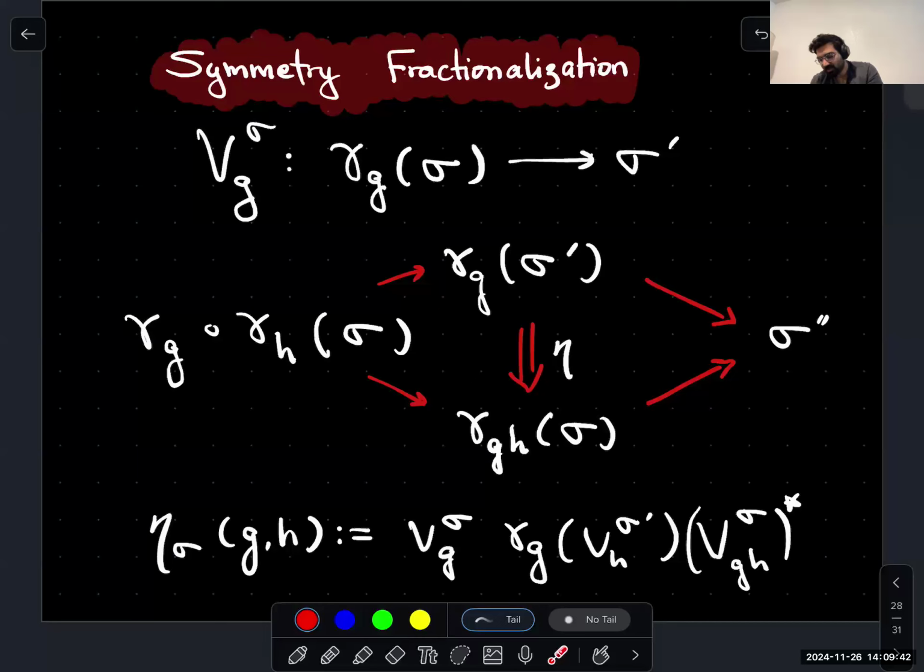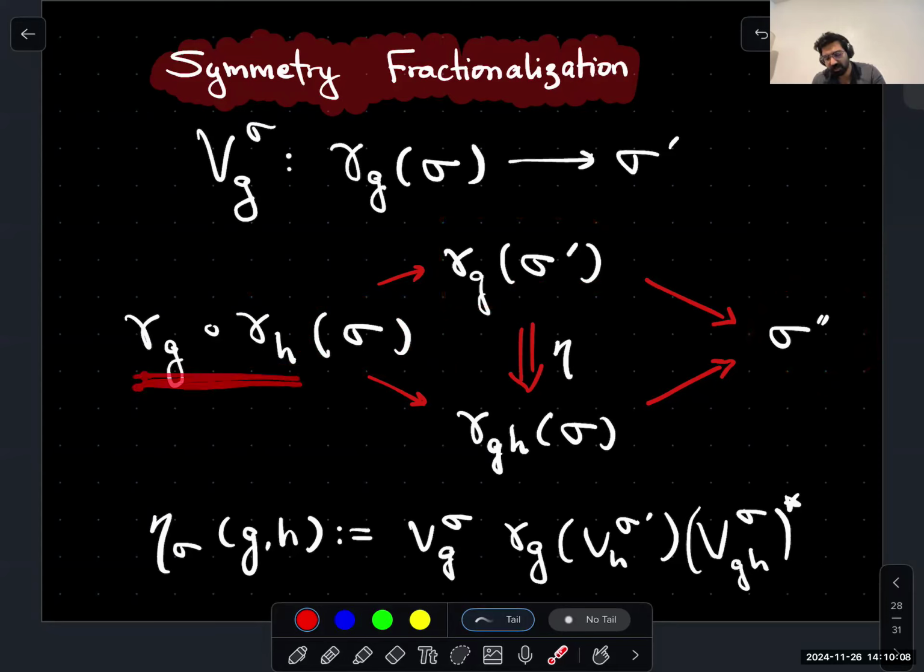Now, using this isomorphism, there's two ways to get to a canonical object starting from double actions. So you have gamma G, gamma H acting on some object sigma in the category Gsec. First you can resolve this object and call it some canonical object sigma prime. Then you resolve it again and call it some other canonical object sigma double prime.